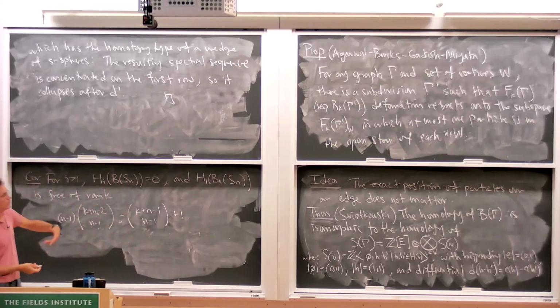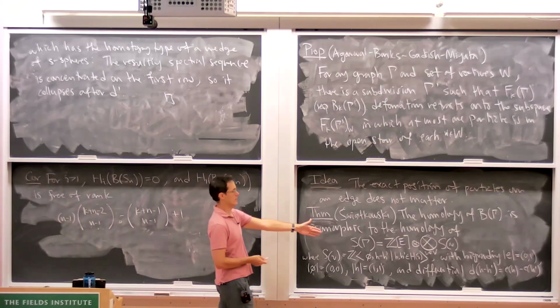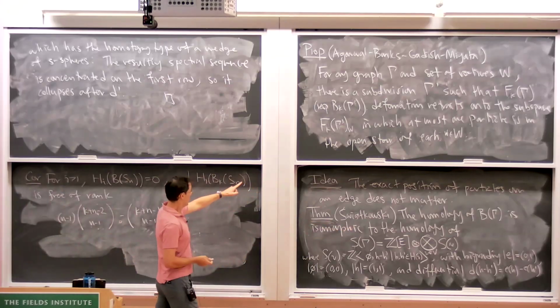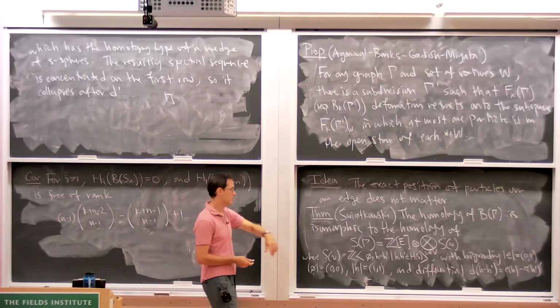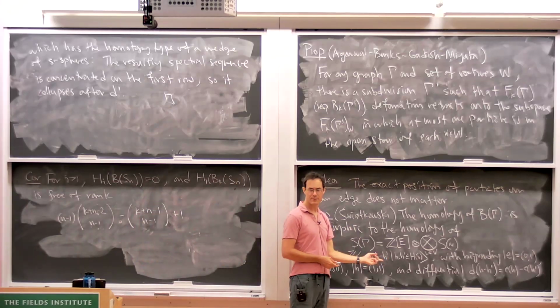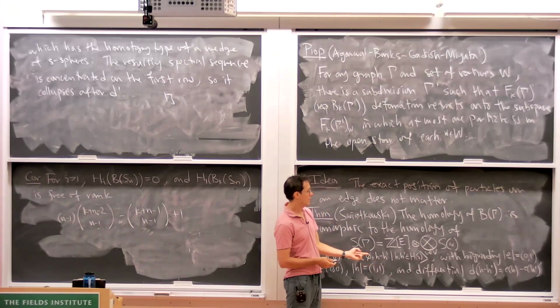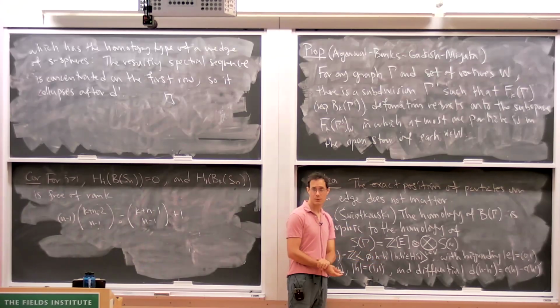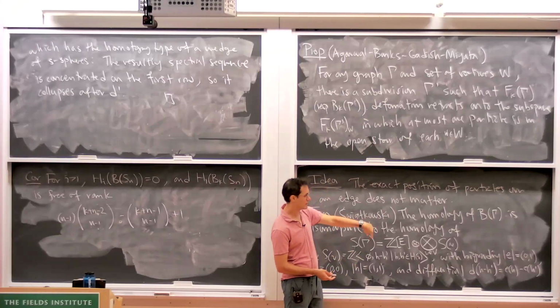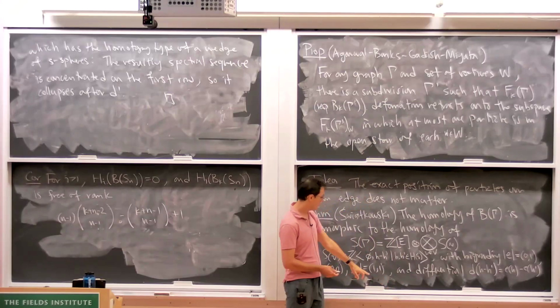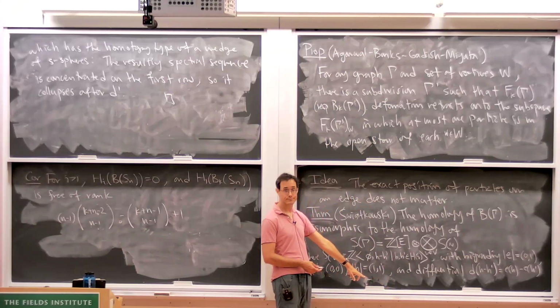Why is this a corollary? It's a corollary because if we inspect the complex, this has only one vertex of valence not equal to 1. At a vertex of valence 1, there are no differences of half edges because there's only one half edge. And so the complex is 0 above homological degree 1 because the only pieces of the complex that have positive homological degree are the half edge differences.